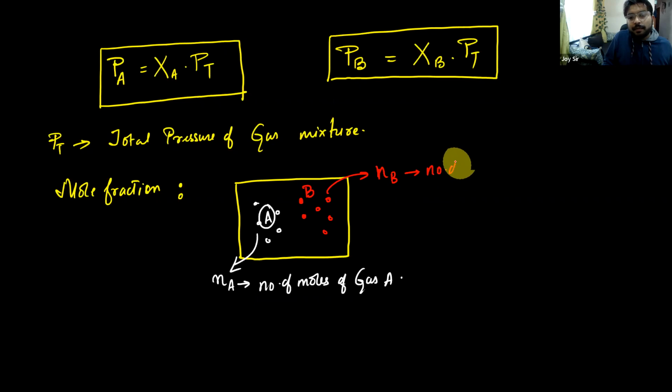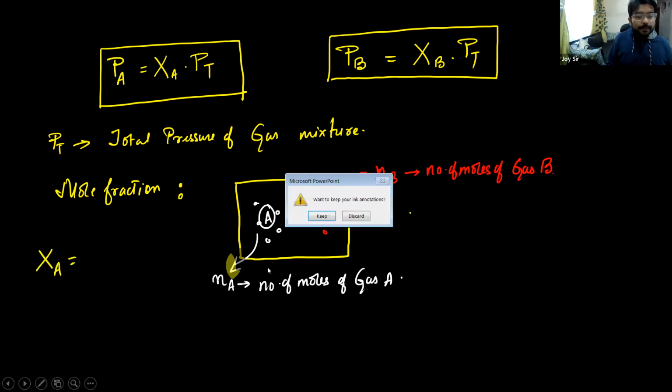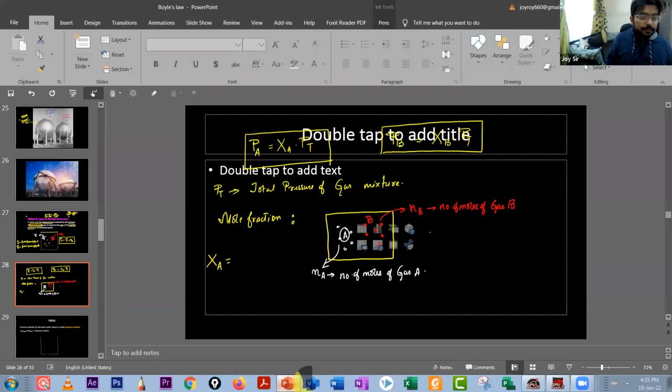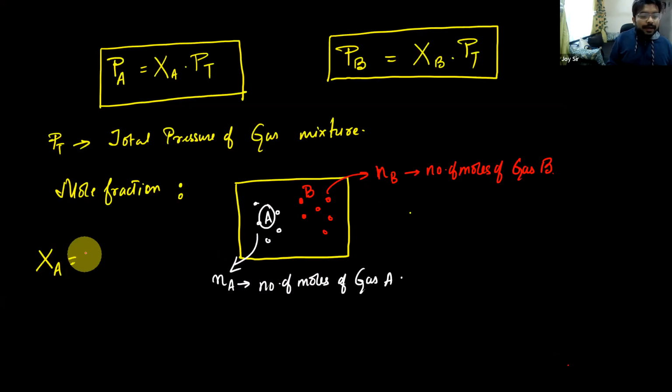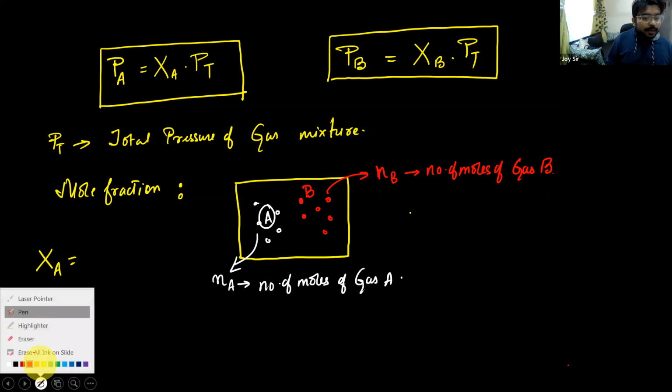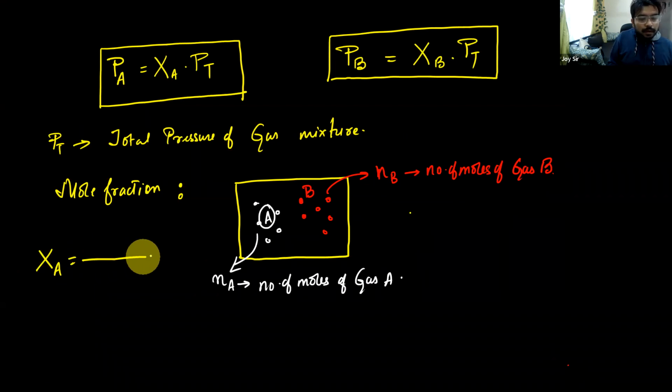So Nb is number of moles of gas B. Now if somebody asks you what is the mole fraction of A, the mole fraction of A is actually number of moles of gas A divided by number of moles of gas A plus number of moles of gas B. ठीक है?